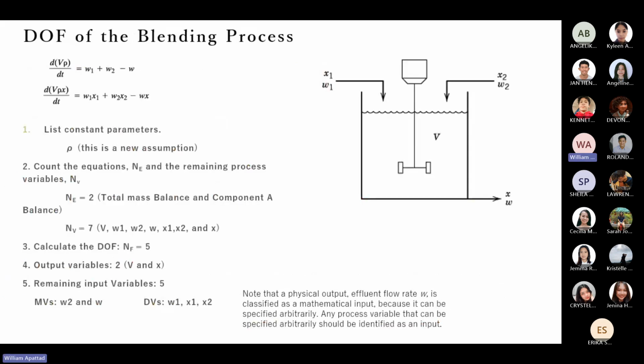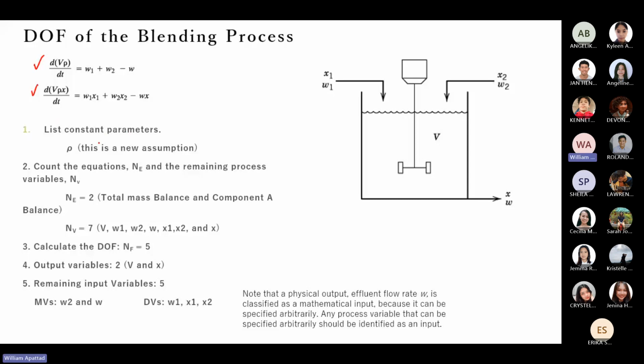So let's dive into our example. So this is how we do the degree of freedom analysis. So list constant parameters. So ano yung mga constant natin dito sa ating equations? We have two equations from total mass balance and component balance.